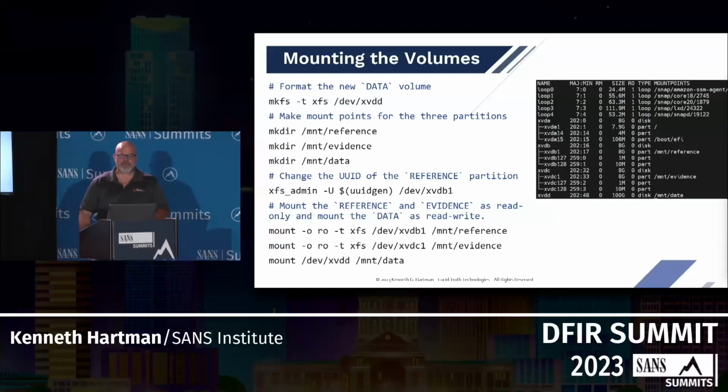And then the next thing that you run into is, since the evidence volume is a clone at a later point in time of the reference volume, they have the same UUID, which means you could only mount one or the other unless you change the UUID of the partitions you want to mount. So we're going to see this when we come to my demo part. And then we're going to mount the reference and evidence as read-only, and the data is read-write, of course.